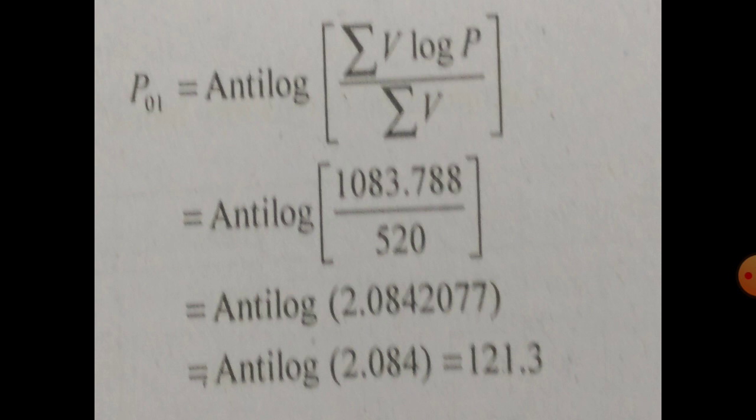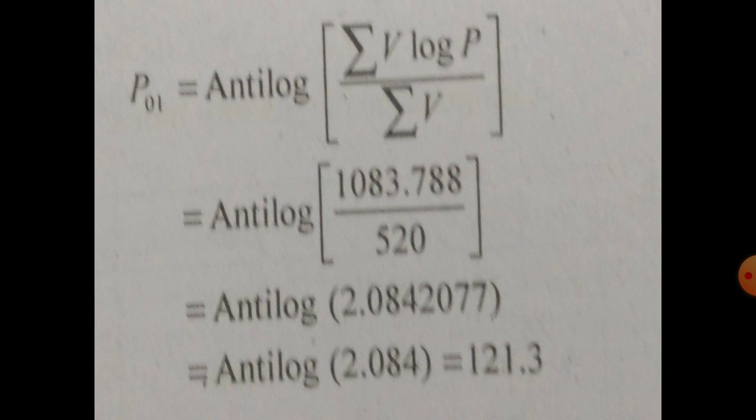In the end we substitute in the formula: P01 is equal to antilog of summation of V log P divided by summation of V. So antilog of 1083.788 divided by 520, that is antilog of 2.084. Antilog of 2.084 is equal to 121.3. So go through this also.